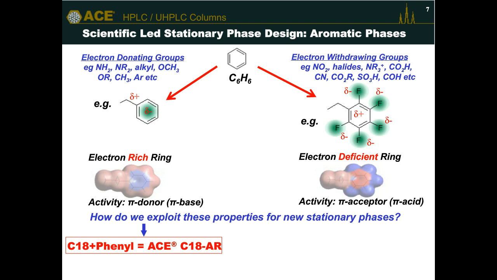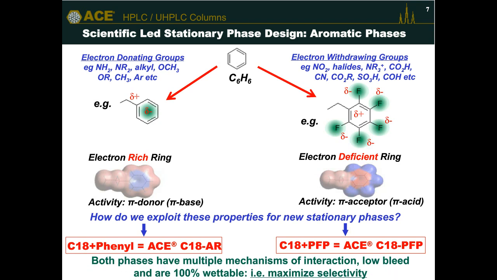And the same discussion with the C18 PFP. We have the hydrophobic mechanism of the C18, but we have those other mechanisms from the pentafluorophenol group. We have the aromatic interactions, we have the moderate dipole, all together in a single stationary phase. But not only that, but these different types of stationary phase have advantages over standard C18 chemistries too. Both of these chemistries, for instance, are 100% wettable.